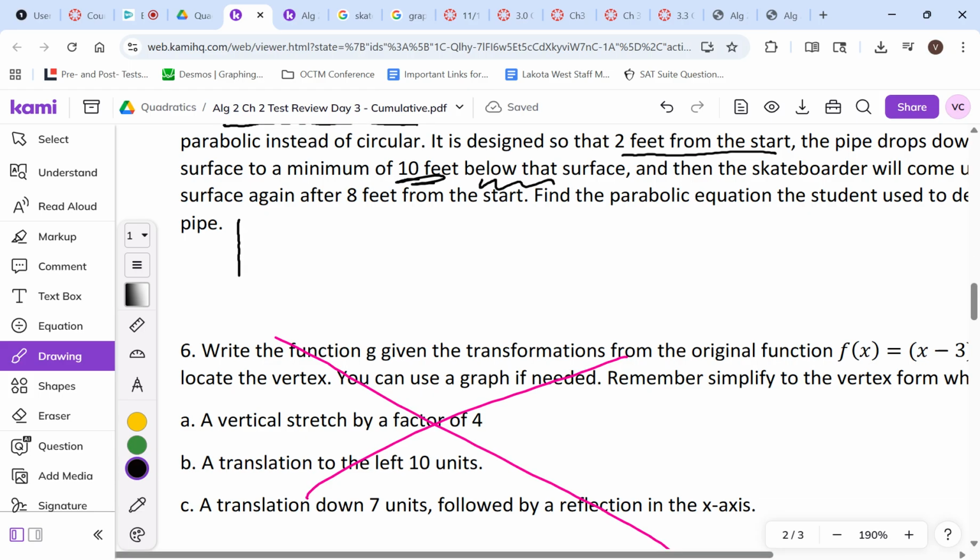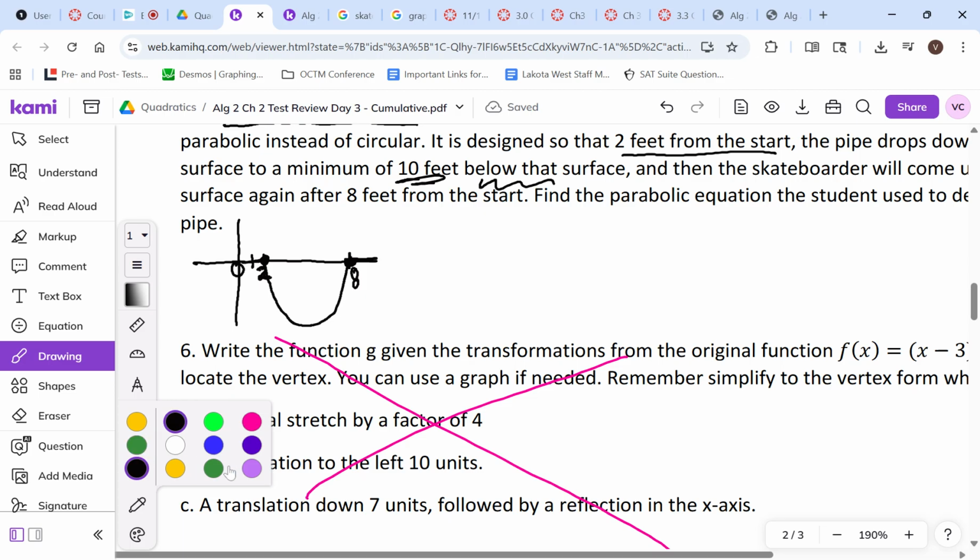That means that I'm going to have a start and 2 feet from the start. That's when it goes down. And then 8 feet from the start. So the start's here at 0. 8 feet from the start. That's when it comes back to the surface.